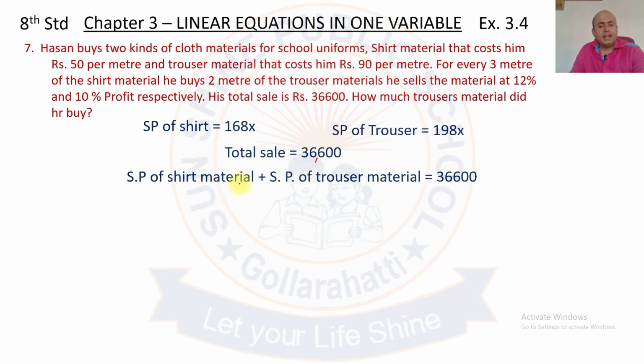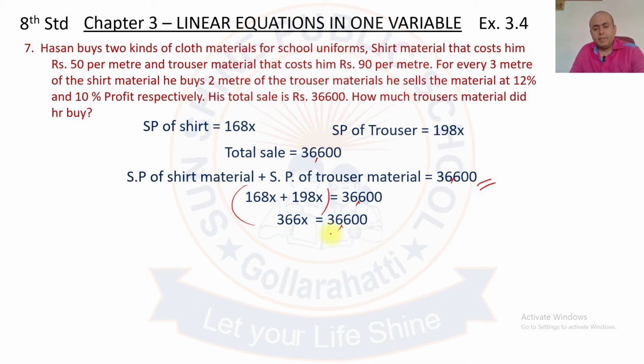So 168x plus 198x is equal to 36,600. If you add these two, we get 366x is equal to 36,600.